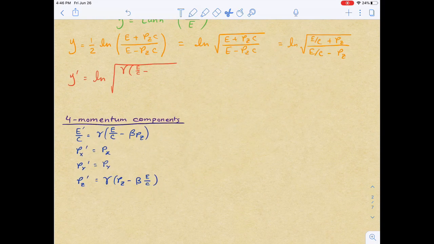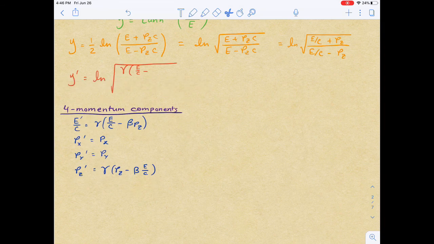So we have gamma times e divided by c minus beta pz. That is just the e divided by c term here. And then we have the pz prime. Pz prime is gamma times pz minus beta e divided by c. And same thing continues in the bottom with the minus sign.